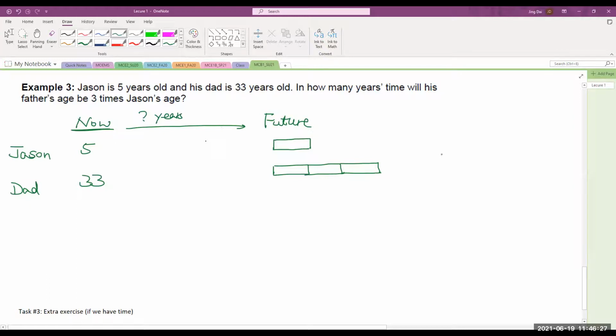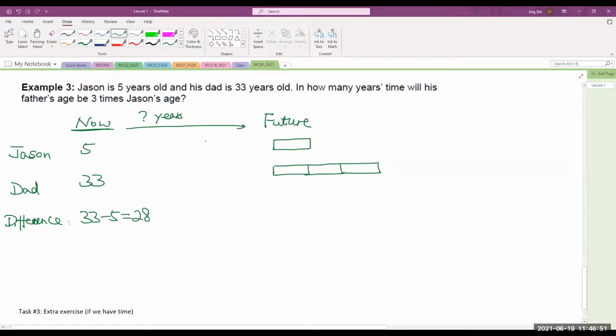Okay, so one thing that we know what we can do is we can always figure out their difference because that's not going to change. What's their age difference? How much older is Jason's dad than Jason in years? Guys, come on. 33 minus 5. What is it? 28. Very good.